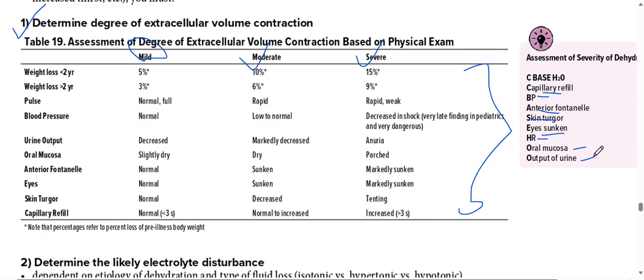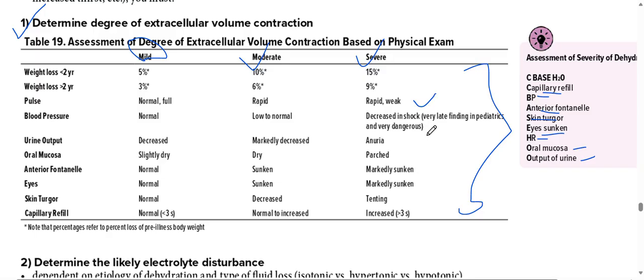If the child is less than 2 years old, 5% weight loss is mild, 10% moderate, severe 15%. And if the child is more than 2 years, 3, 6 and 9%. Then the pulse may be rapid or weak in case of severe dehydration.